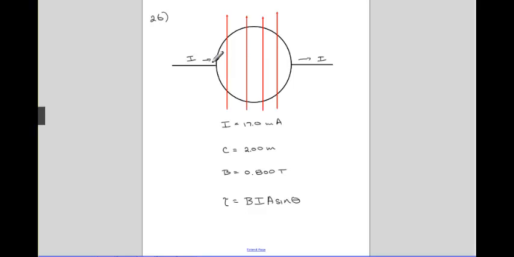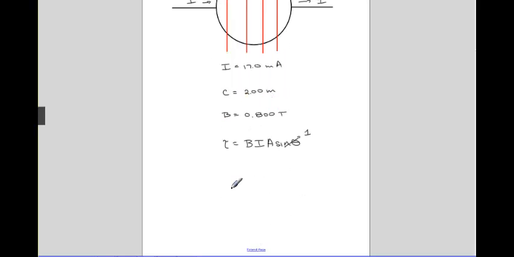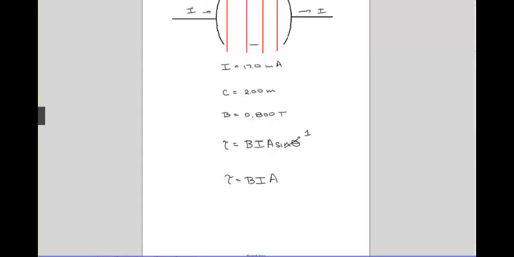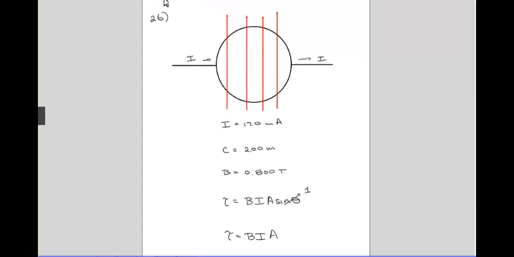So the angle between the current and the magnetic field is 90 degrees. So you're going to get a maximum torque. So we can make this go to 1. So the torque is just equal to magnetic field times I times A. So we have everything except we don't have the area. So we're going to have to calculate that.